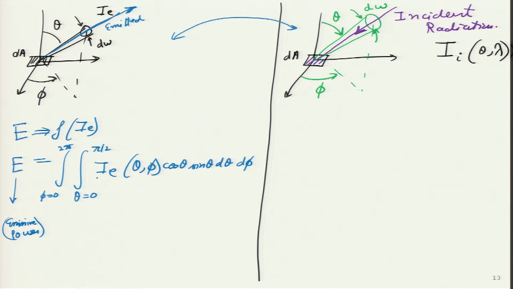Earlier it was over here I e theta phi, because this is the emitted radiation intensity. Now, we are looking at I, which I will call as the incident radiation intensity.